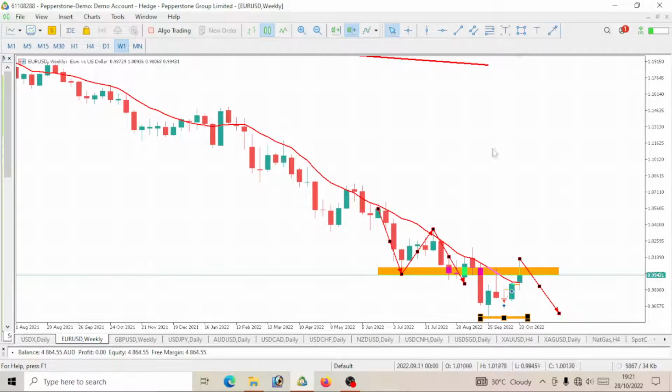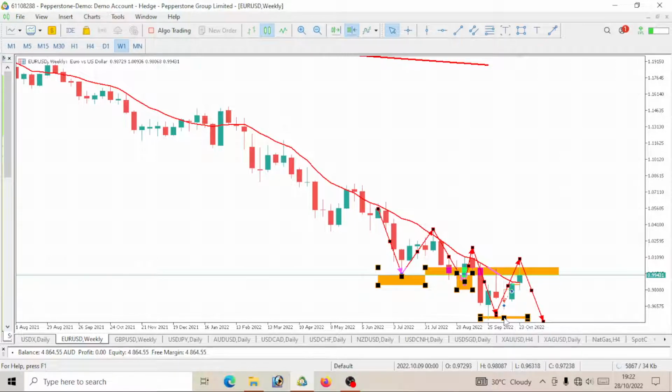If you notice, this price actually broke this previous lower low here. Then a pullback was made, right? Then we had another lower low. Notice this lower low actually broke the previous lower low. Now a correction has been made within a 3-4 week period.